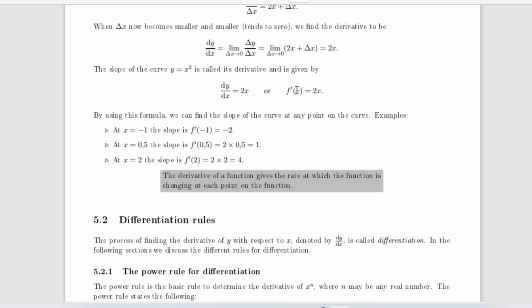Then you come to the right-hand side, and whenever you see x, you put -1. Then you will end up having -2. At x equals 0.5, what do we get? I'm going to say 2 times 0.5. It's going to be 1.